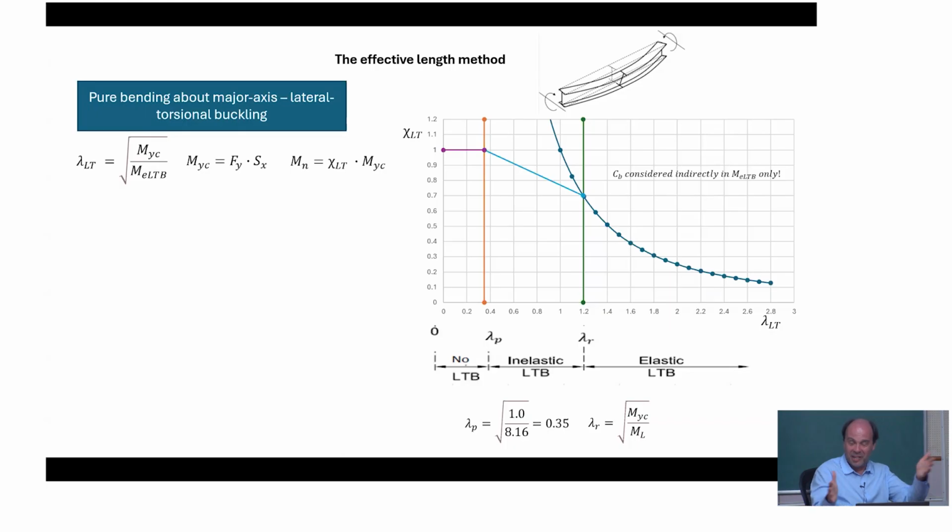It can be modified by something. We will see when it's non-uniform that the length doesn't really have a real impact. To calculate the CB, it's defined that you need to know the length. If you don't know the length, you have no chance, even if it's complicated or not, to calculate it, because you need to find the bending moment or the stresses at the quarter points between your arm brace lengths.